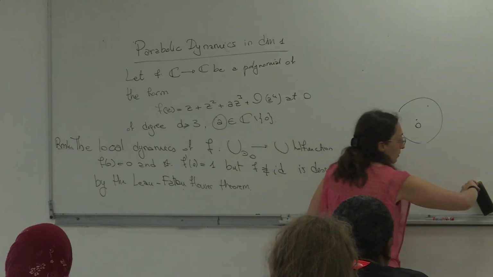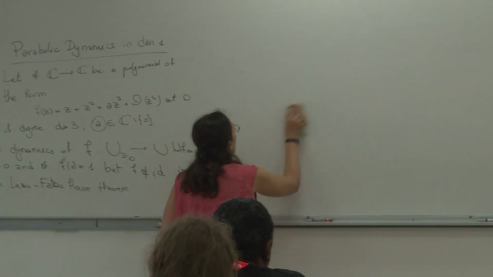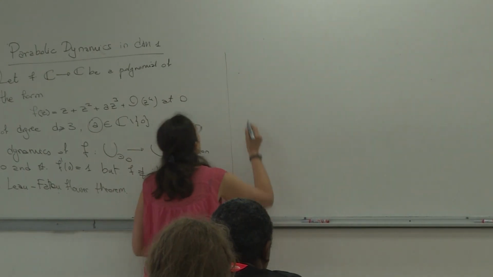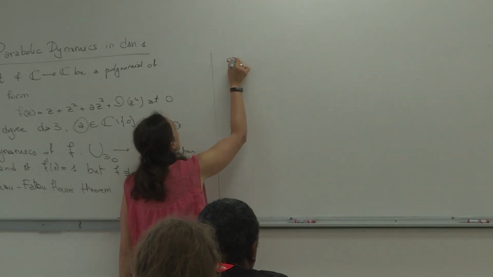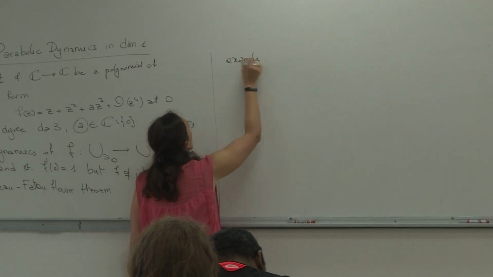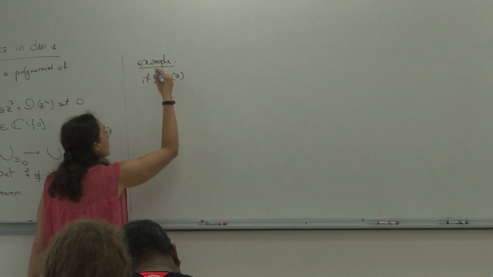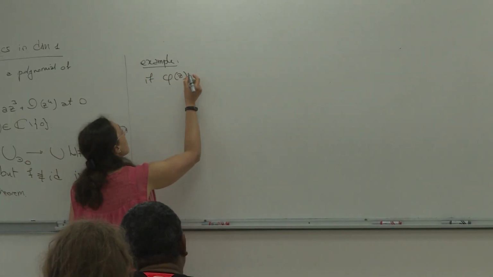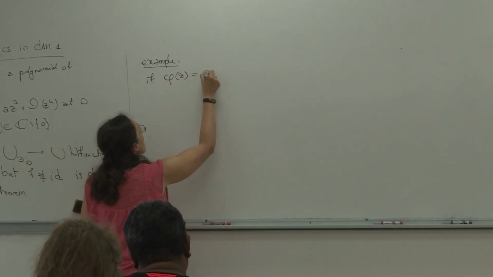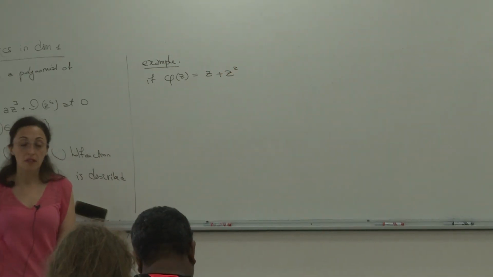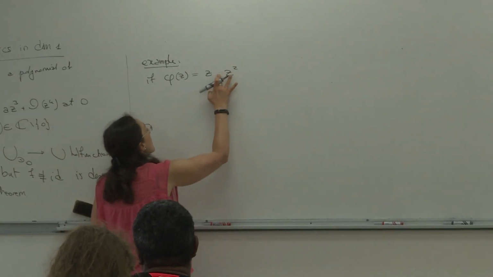So in order to understand, it is easier if we do it like this. As an example, if I have phi of z, let me write phi because then it's different from f. Phi of z, which is of the form z plus z squared, and nothing more. Actually, let me also do it a little easier.